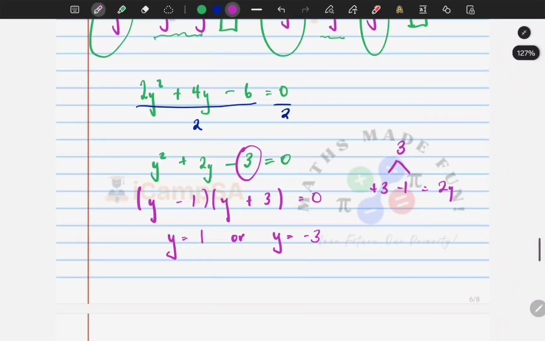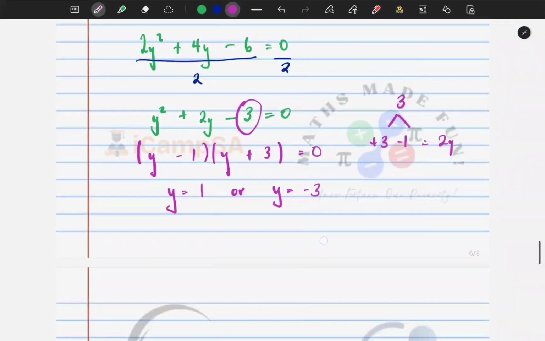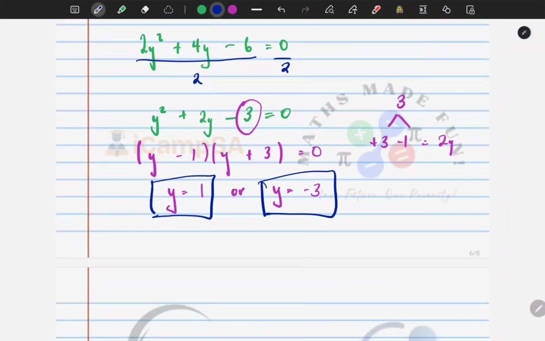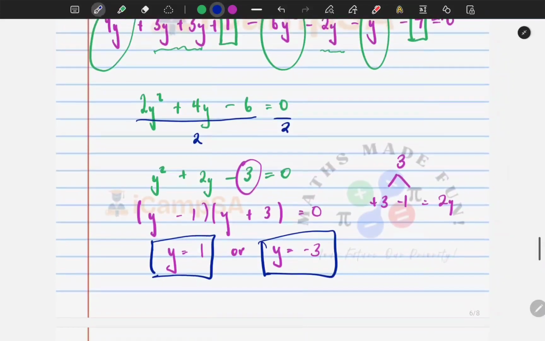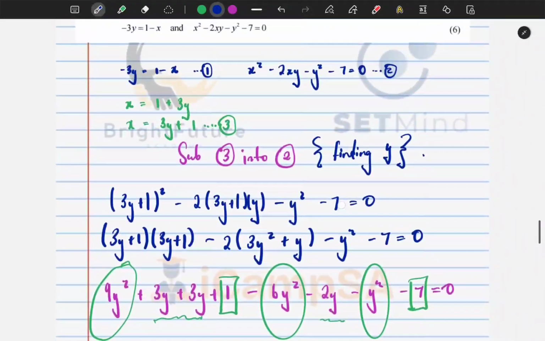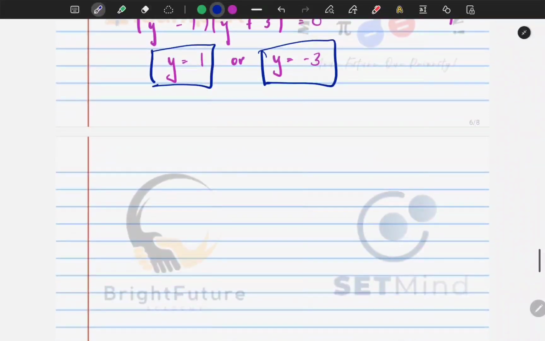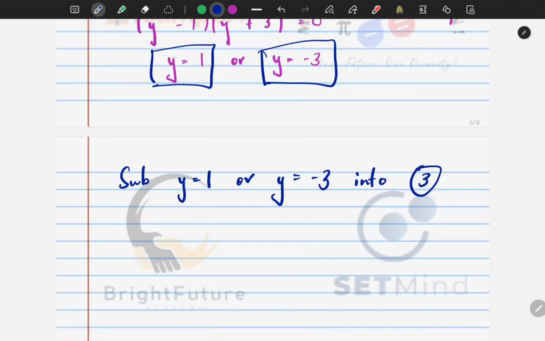And then from there, I'm going to substitute this, right, into x. So I'm going to substitute the values of y into equation 3, right? So I'm going to substitute y equals to 1 and y equals to minus 3 into equation 3.